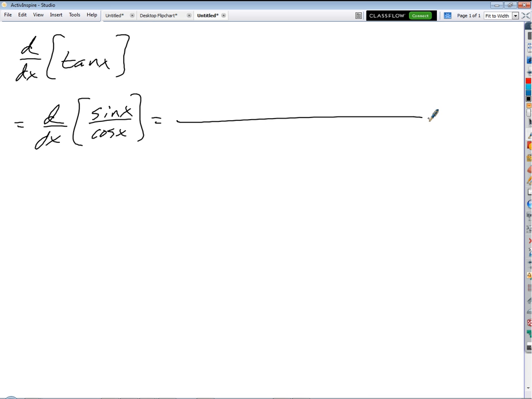Agree? Hunter's shaking his head. I think you might have gotten the first part mixed up. That's v times u prime minus u v prime over v squared. Okay, good.